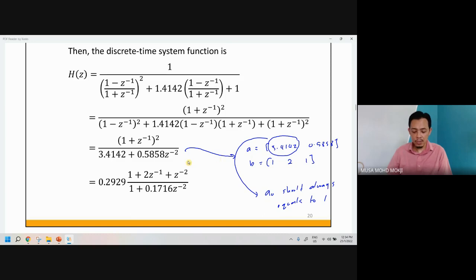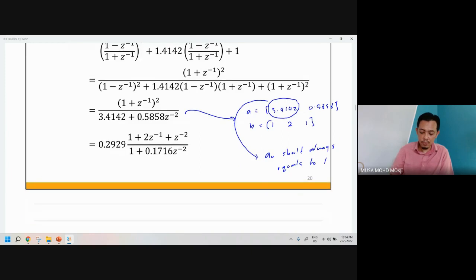So we need to move this 3.4142 to the front and factor it out, so that we get something like this. Then this one will be our A0.